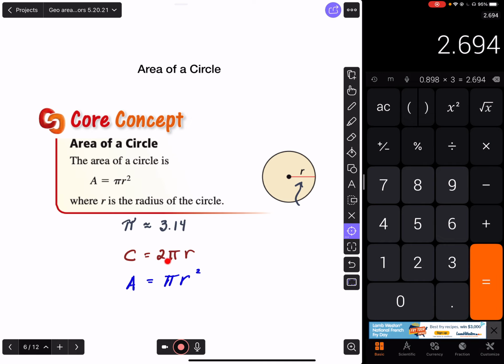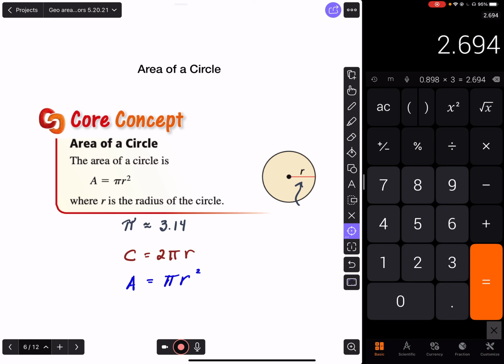Now, I do know that lots of times people give circumference as pi d, but the reason we frequently give it as 2 pi r is because it's so closely related to the area. In fact, see that 2? If that 2 were there, it's 2 pi r. So it's really closely related, so it does help us remember these two formulas when we use 2 pi r.